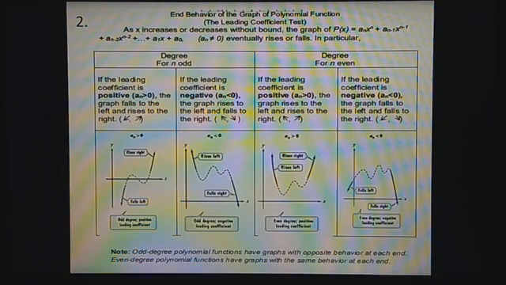Titingnan natin dyan kung positive ba o negative yung leading coefficient. And then, i-analyze din natin kung ano naman ang degree, kung ang degree ba ng function natin ay even or odd. So, ano ang kinalaman niya sa end behavior of the graph of polynomial function.